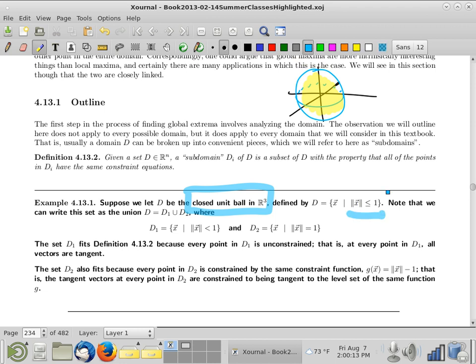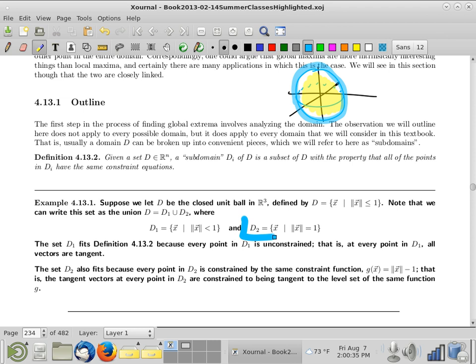All right, so suppose this is my domain, and I want to find the maximum value of some function. Well, the problem is that different points on this have different constraint equations. So what I'm going to do is break this into two separate chunks. On the one hand, there's the sphere around the outside.